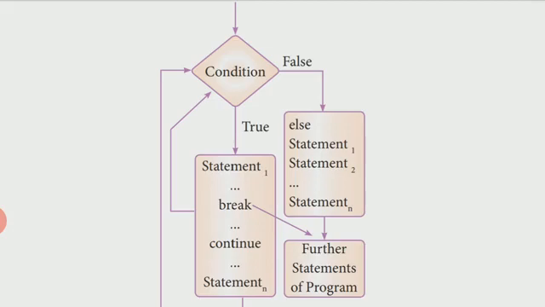This is the break statement. See here, if you give a condition, again it will continue the process. Break means it will stop the process and come out from that particular loop. Continue means it won't do anything, it continues the process.